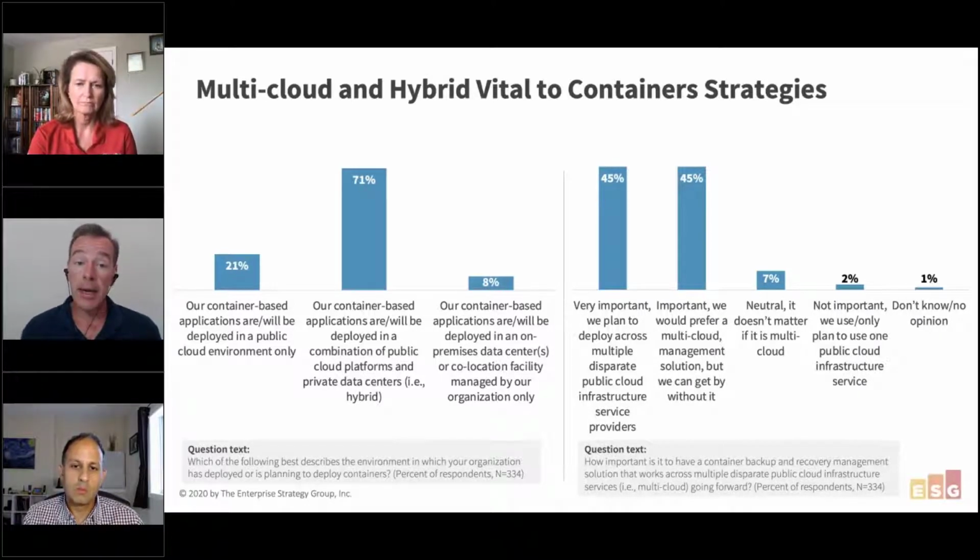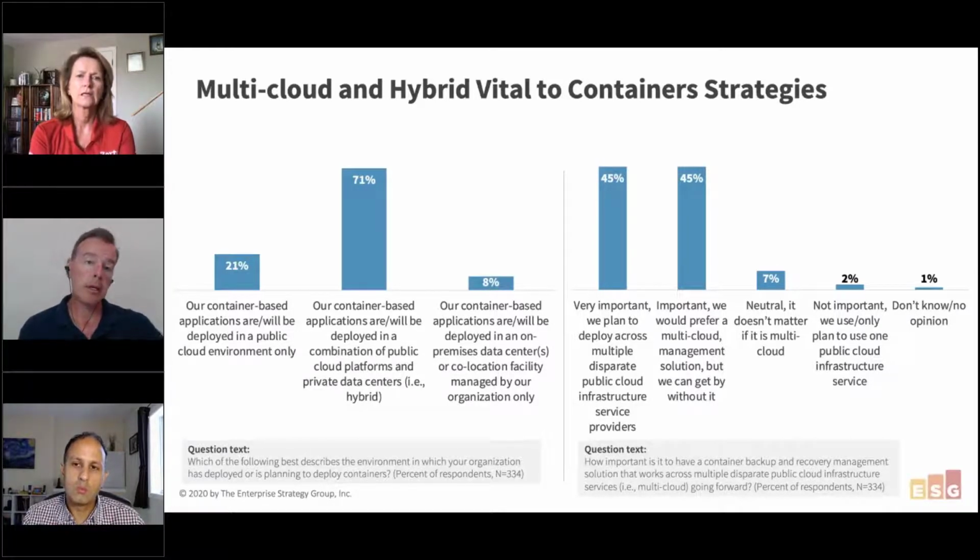That's about 1 in 5, and that's important because that means everything that they do container-wise will live in the cloud, meaning the data protection strategy has to live in the cloud too and be very friendly with those public hyperscaler type of environments. So that's one level of skill set you need to have if you want to play. I want to be very clear. That's the direct consequence of that statement.